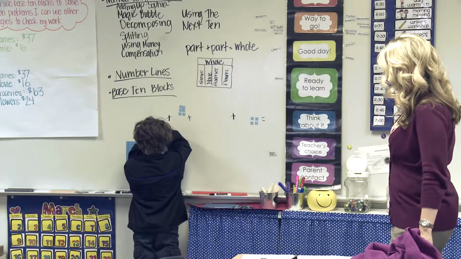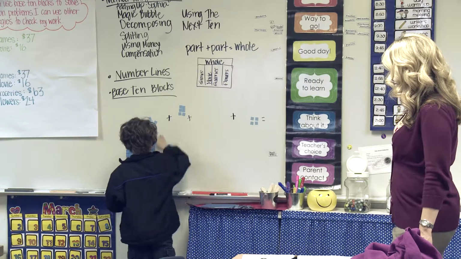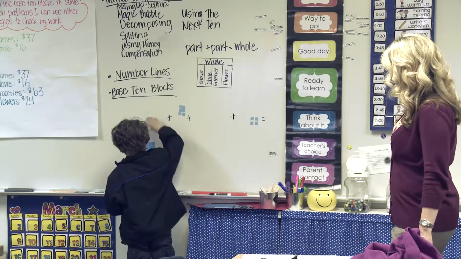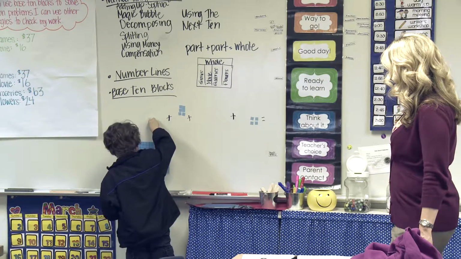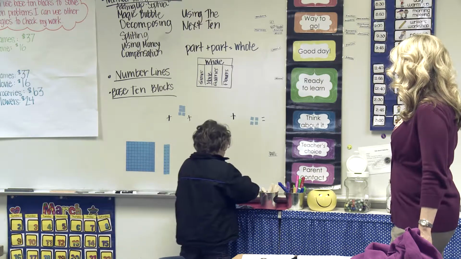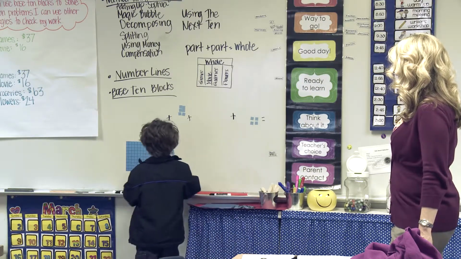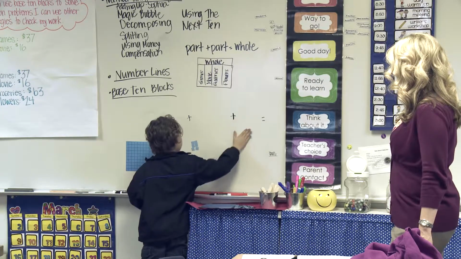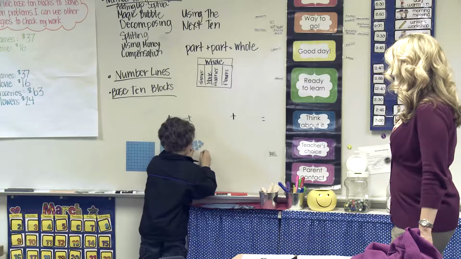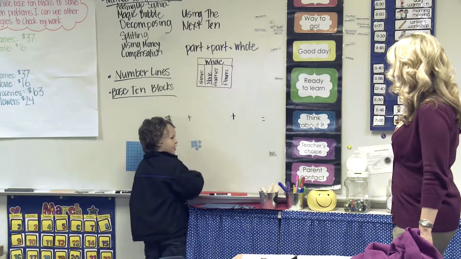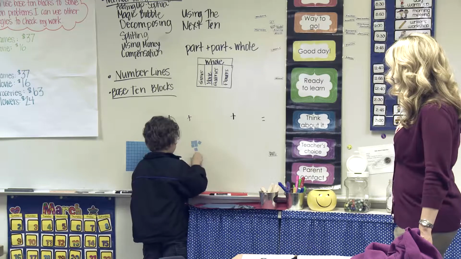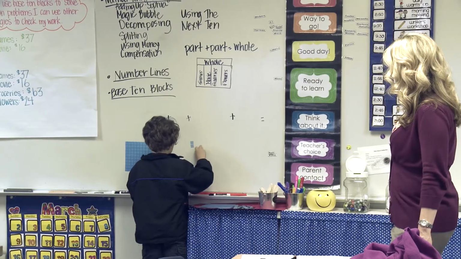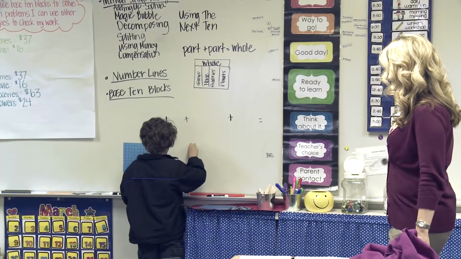So you would get rid of all these ones and trade it for 10, which would be 130. And 6 plus 4 is 10. So you would trade it again for a 10. And your answer would be 140.